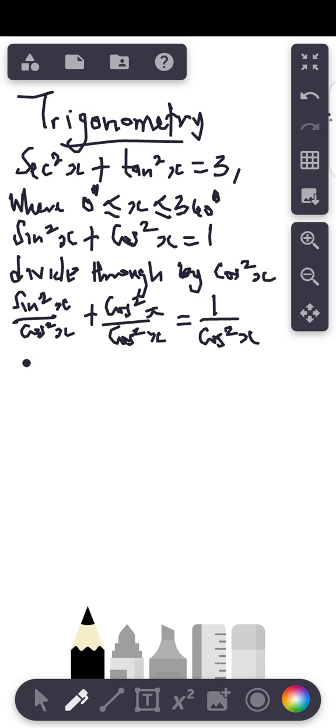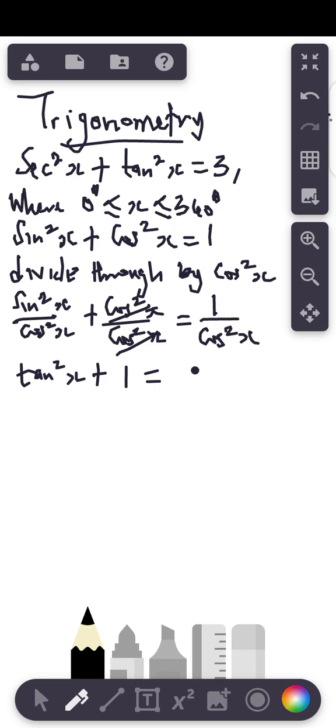Now remember, sine over cos will give us tan. So here we'll have tan squared x plus cos squared x divided by cos squared x will give us 1, equal to, also remember, inverse of cos is secant.